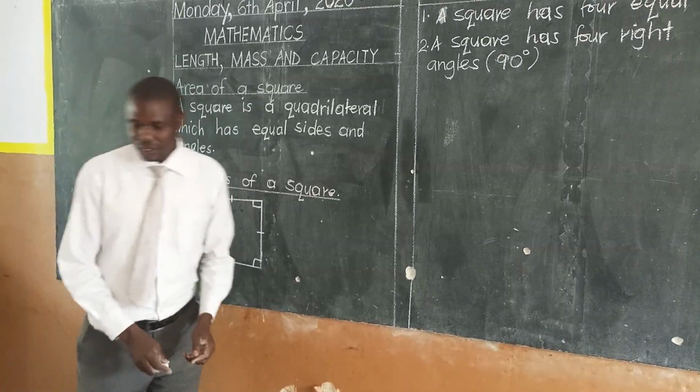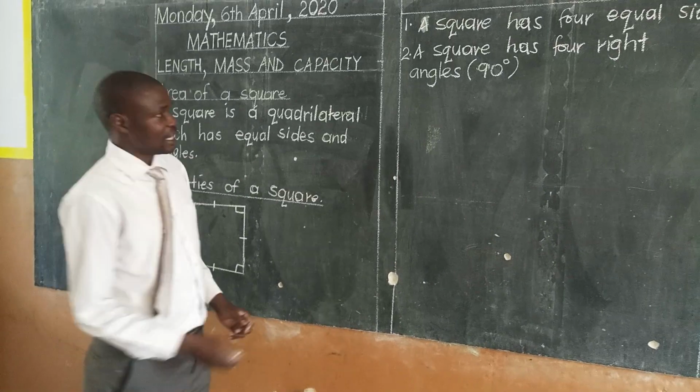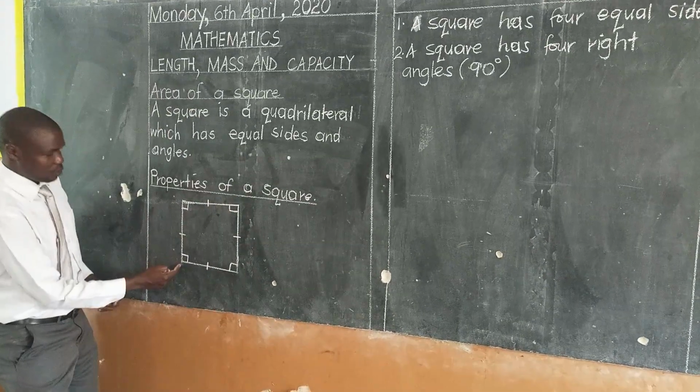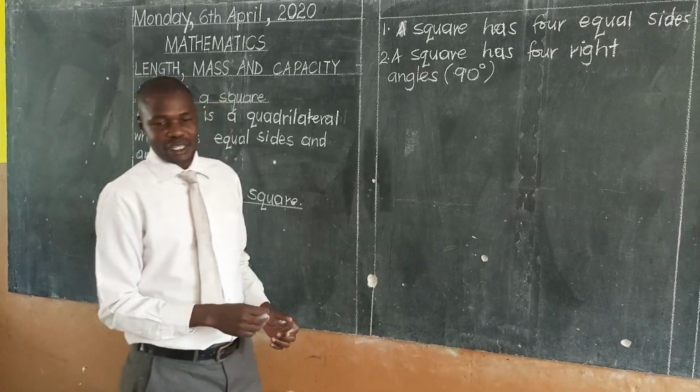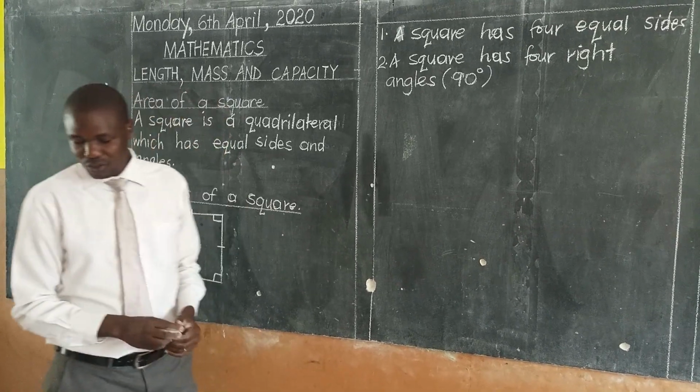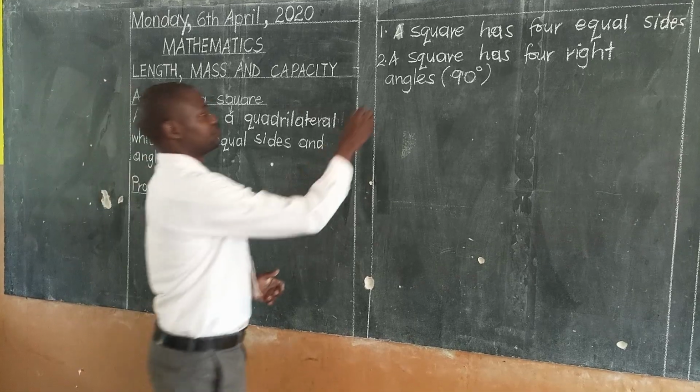The other property of a square is that it has diagonals. The diagonals meet at right angles also, and they bisect each other.